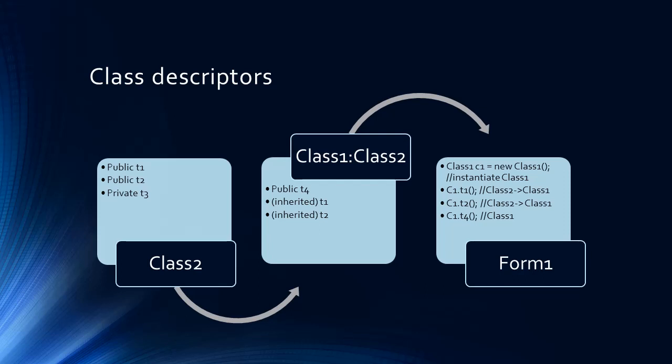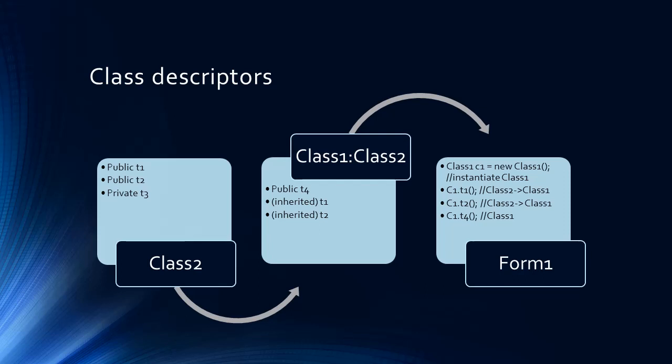If we create class 1 and it inherits from class 2, we have every public item from class 2, which includes T1 and T2, and we also added another method in class 1 called public T4.